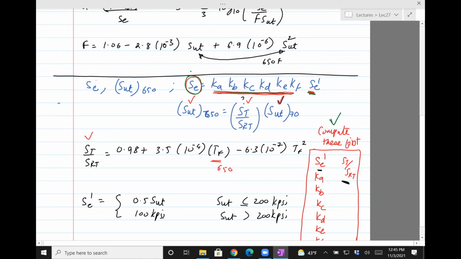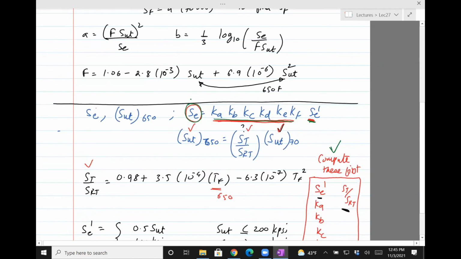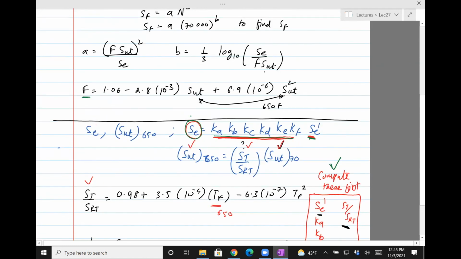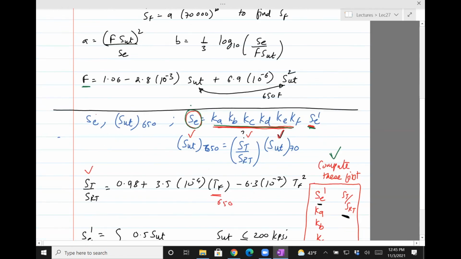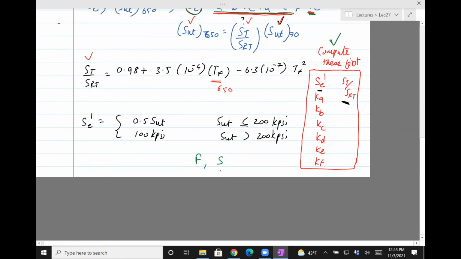Once we get SC, we need to find F. Once you find F and SE, we can find A and B. So the next list of things would be F and SE, the second set, and then the final set.